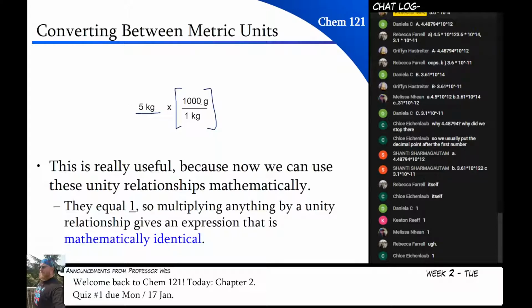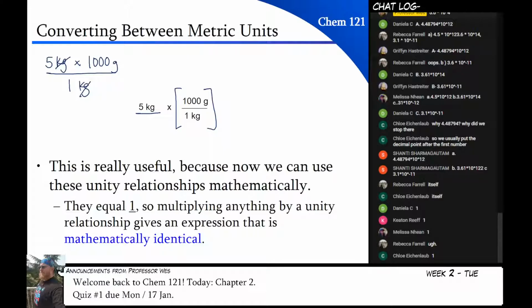Now, if I do this, this is the same as me writing it out like this, right? And again, anything divided by itself equals 1. So we could go boop, boop, and cancel those units out because they equal 1.